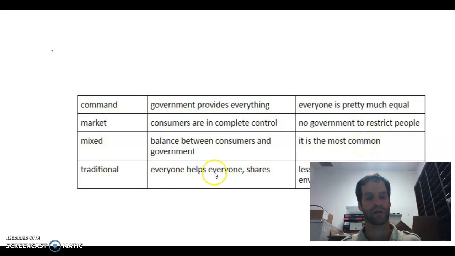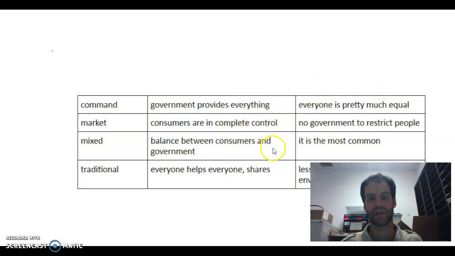People must really like it. And then you have the traditional economy is last. Everybody is sharing and helping out. The community acts as one. There is less of an impact on the government, on the environment. So you could argue that a traditional economy is really taking care of its own citizens and citizens in the future.